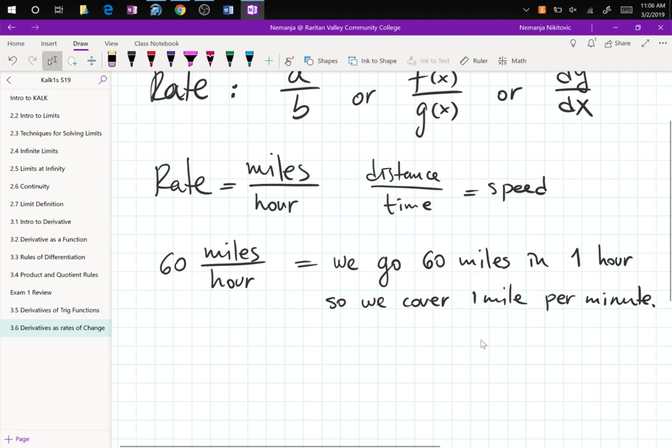I used to use that a lot, those approximations, when I used to commute. You just need to be driving around 60 miles per hour and it would be very accurate. So these rates: we cover 1 mile per minute if you're going 60 miles per hour.